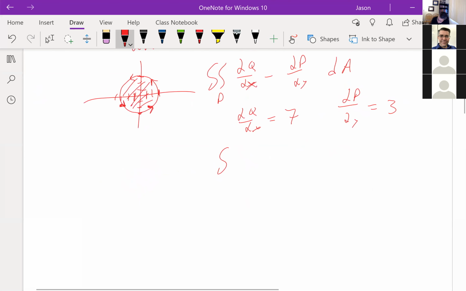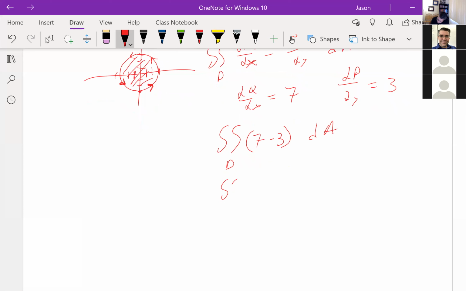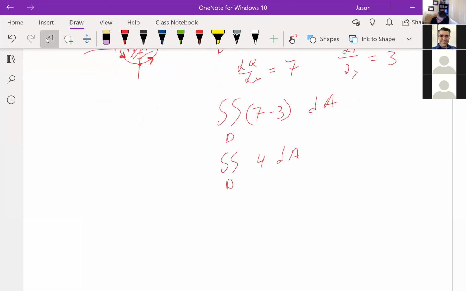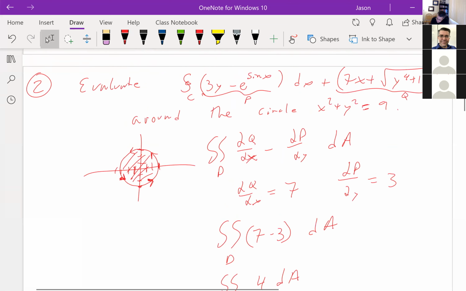So this thing becomes the double integral over D of 7 minus 3 dA. So this thing is the double integral over D of 4 dA. Okay, so now I want to change this to rectangular coordinates. This 4 dA is going to be dy dx, except this is the circle.